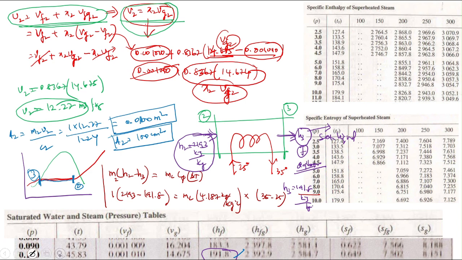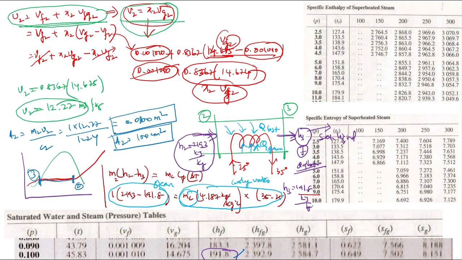What is the unknown in this equation? This is the unknown in the equation. All the remaining values are known. The heat lost by the steam is taken by the cooling coil, so the heat lost by the steam is equal to the heat gained by the cooling water. This is for steam and this is for cooling water.